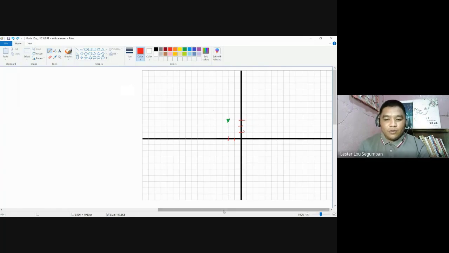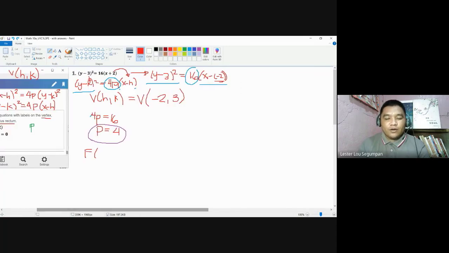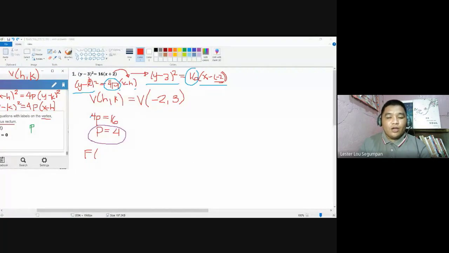Let us review your module for the correct form of the focus for your parabola with the vertex not anymore located on the origin. The formula for the focus is to be determined first by the direction of the parabola.